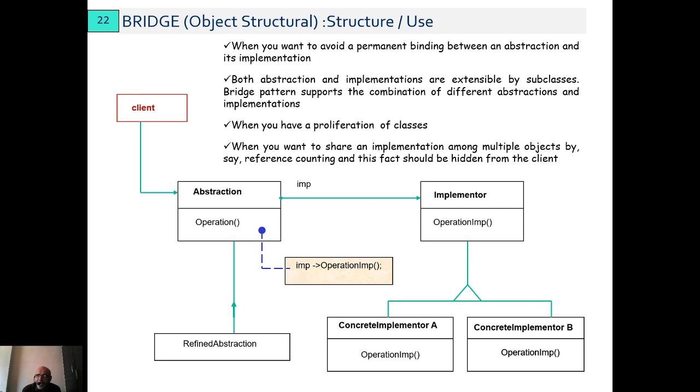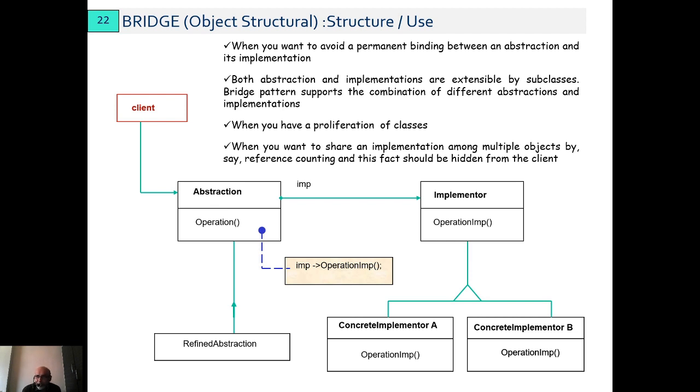Abstractions behave like an abstract class. You need concrete classes to see the instances, the objects. So you have the implementer, which is separated from the abstraction, and the bridge is formed between the abstraction and the implementer.